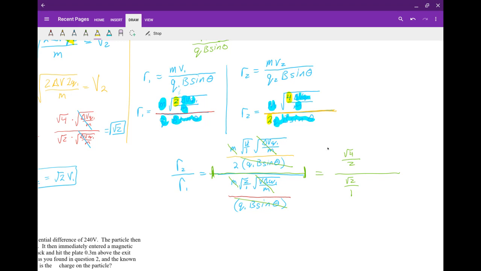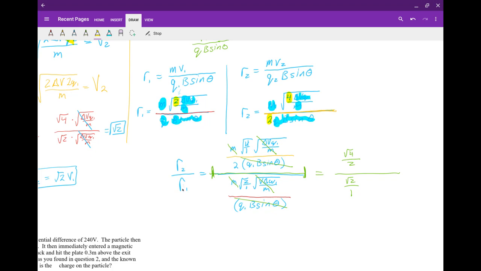This numerator got written here. This denominator got written there. This numerator gets written there. And that denominator gets written there. And as a result, all this other extra stuff gets canceled. And I end up with a pretty nice little solid fraction here that I can just simplify.